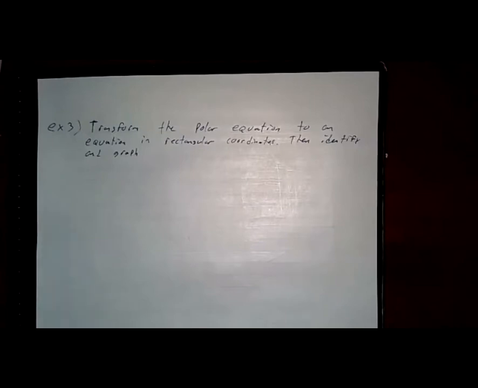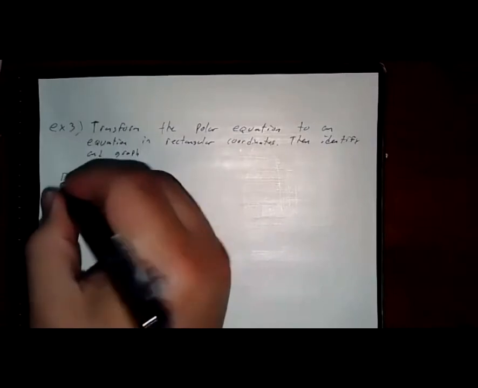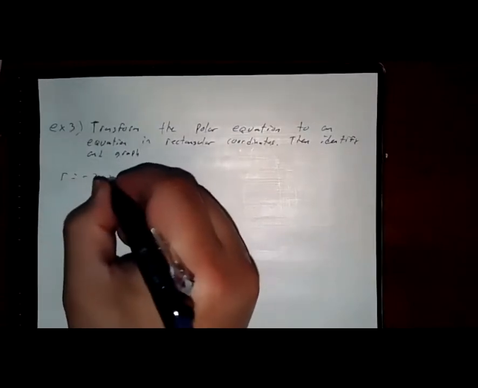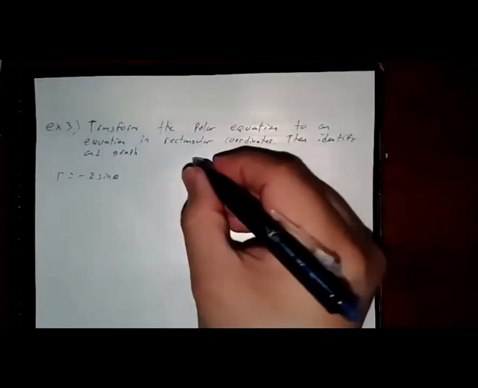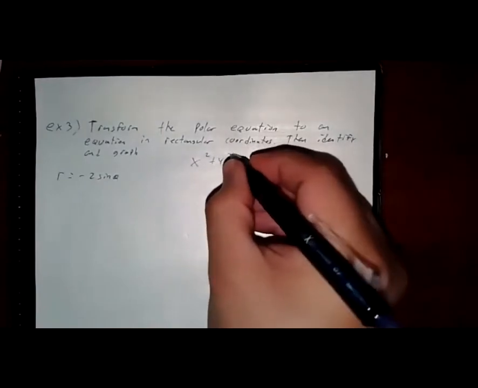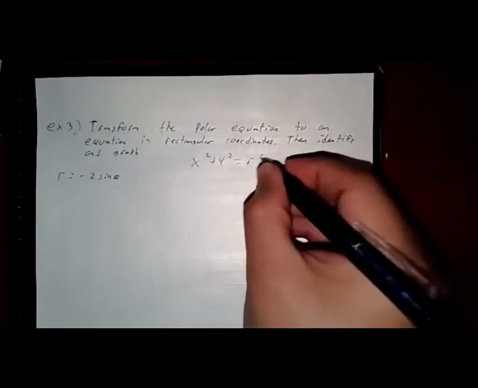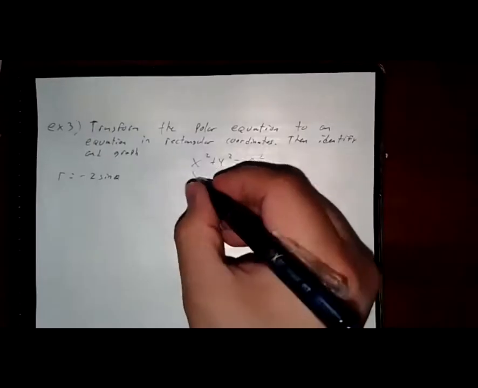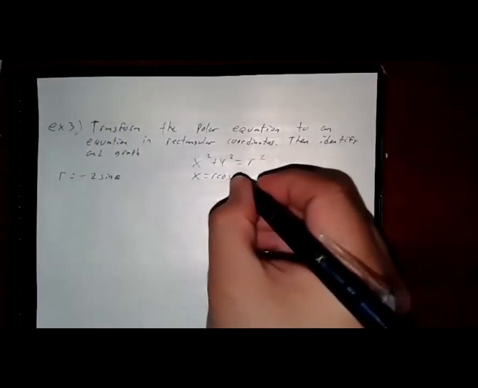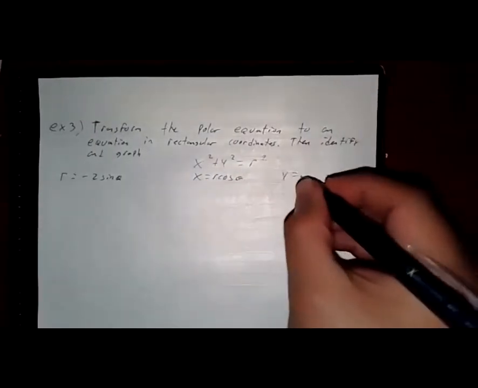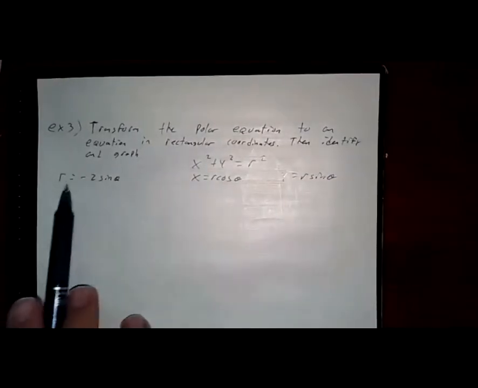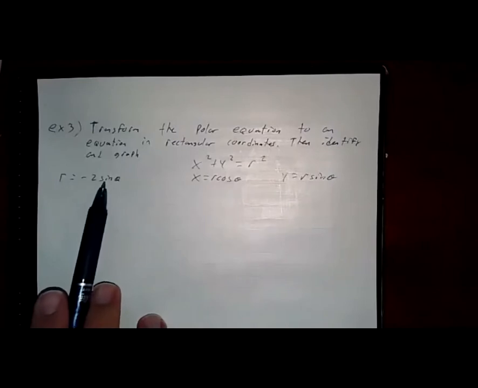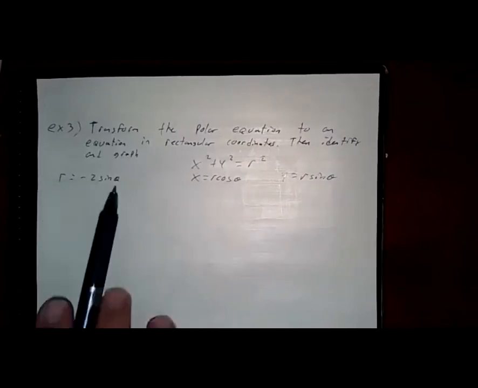Okay. So r is equal to -2 sine theta. So I'll write down my formulas. The more I write them, the more I remember them. Okay. So just like before, we need an r on that sine. I'm going to multiply both sides by r to get to here.